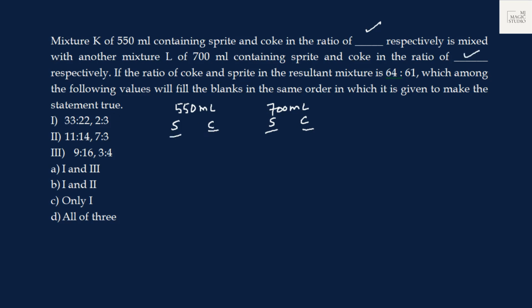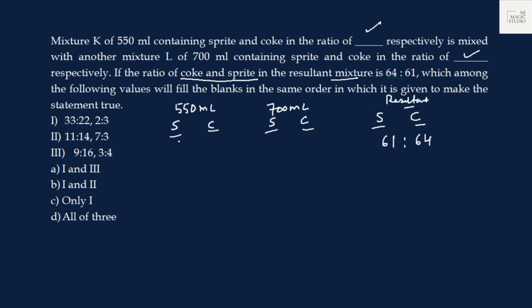If the ratio of Coke and Sprite in the resultant mixture is 64:61, Coke and Sprite. 64:61, Coke and Sprite.